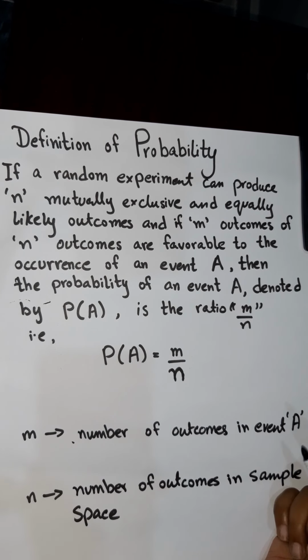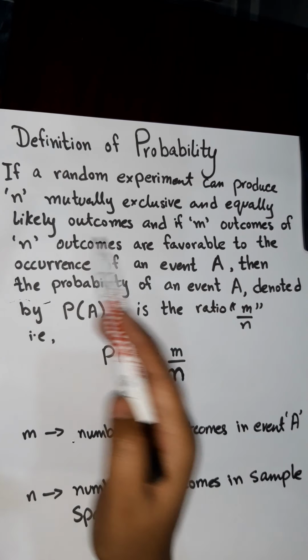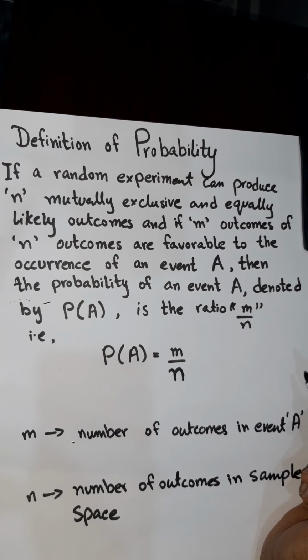Equally likely means the chance of their occurrence is equal. There is no importance given to any of the outcomes, and their chance of occurrence is equal. So then we call the outcomes equally likely.